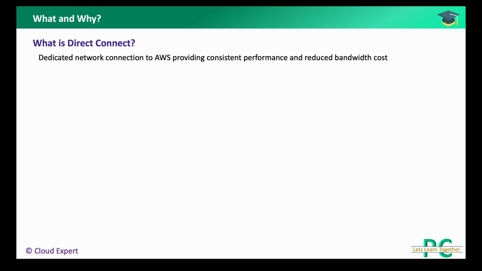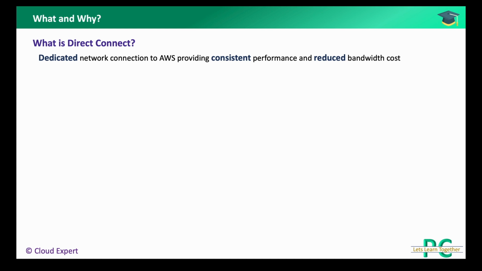So if you observe this definition carefully, they are trying to say this is a dedicated channel or dedicated cable connection between your data center and AWS Direct Connect location. In this definition, I would like to highlight three main points: dedicated, consistent, and reduced. Over this topic, we will try to find out the answer or the relevance of these terms.